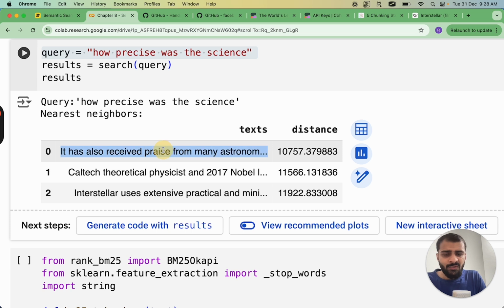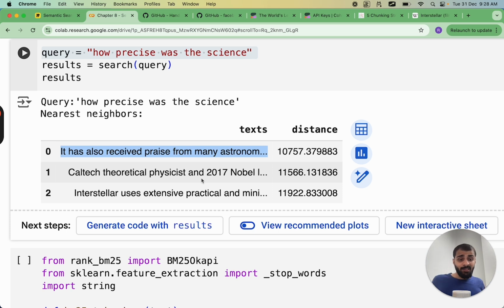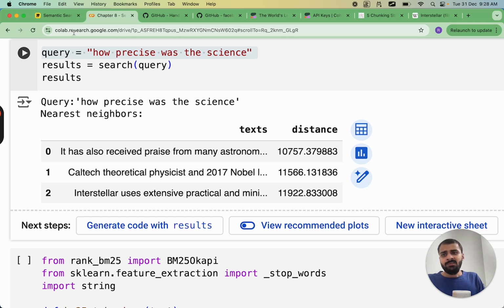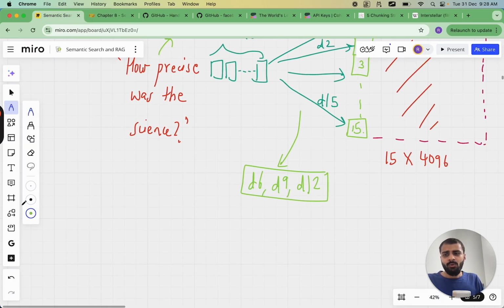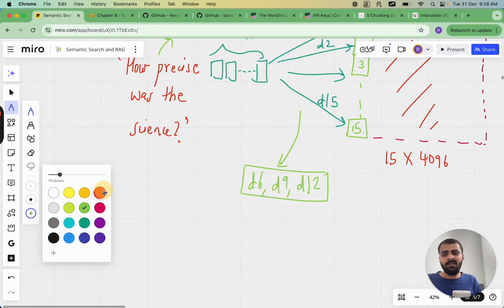Among these, the first one has the least distance, then the other two have slightly larger distances. But among the 15 sentences, which I am also calling documents right now, these are the three with the lowest distance from the query, and that's why they are returned. Alright, so this entire workflow which I just described to you is called dense retrieval.